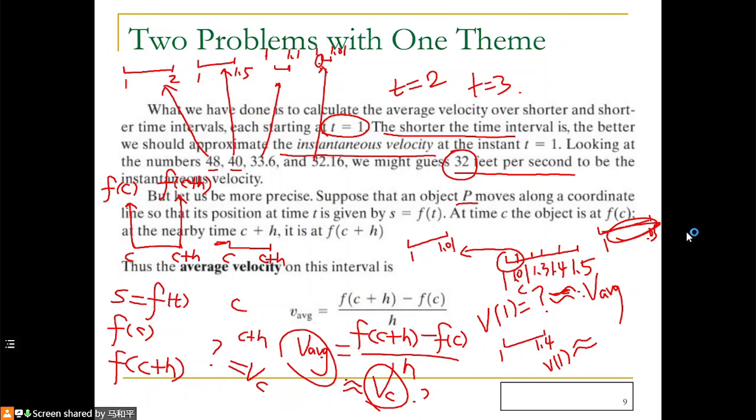Hello, students online. Please think about it: how to get this time interval, c to c plus h, shorter and shorter?